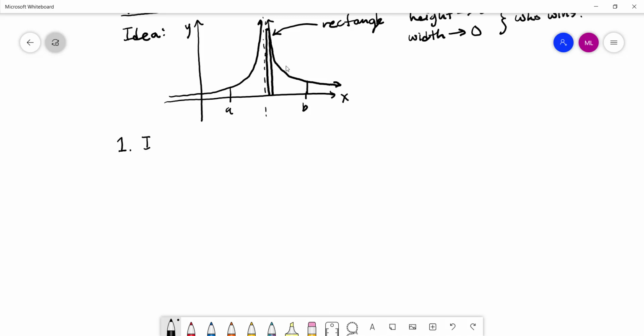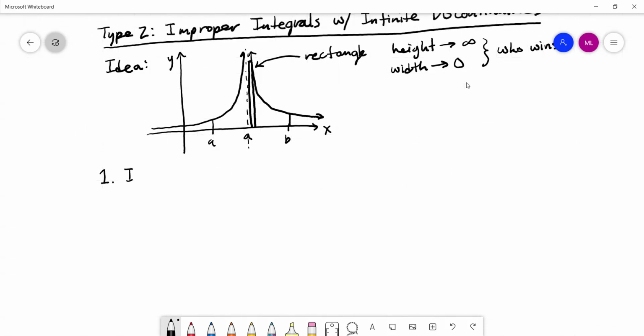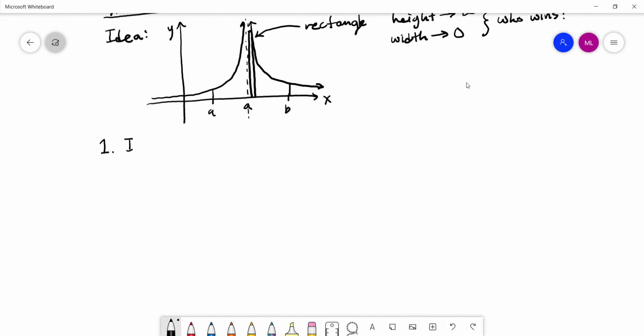If I made this be the a right here instead, we're still having the asymptote, and we're still asking the exact same question: as these rectangles get closer and closer to this new a, are the areas going to 0, or going to infinity? Or are they going to 1, or a constant, which is a third possibility, as we saw in the case where p was equal to 1 in the previous problems.